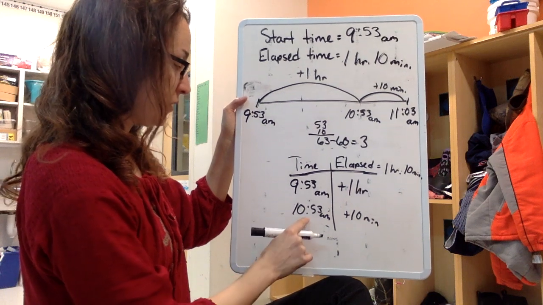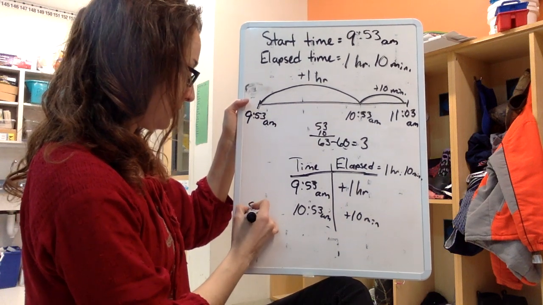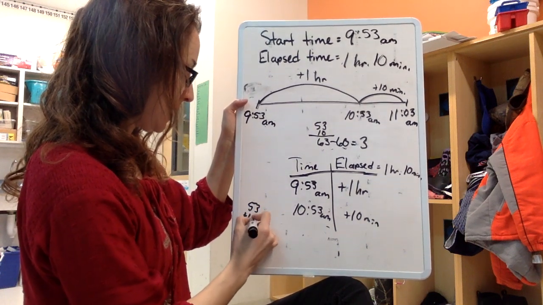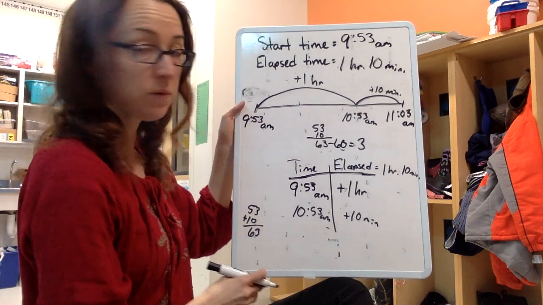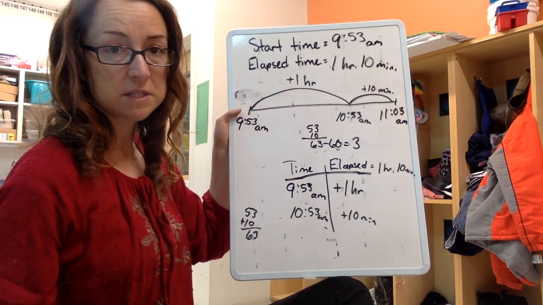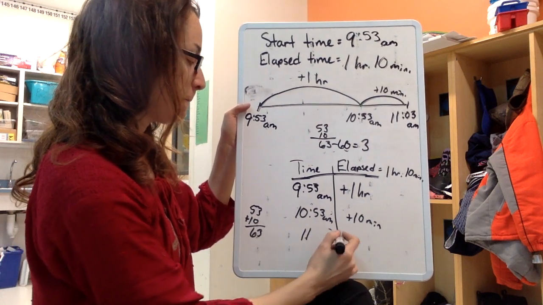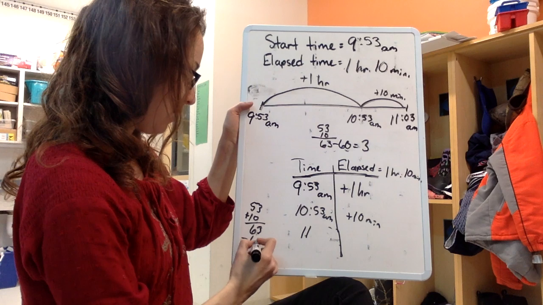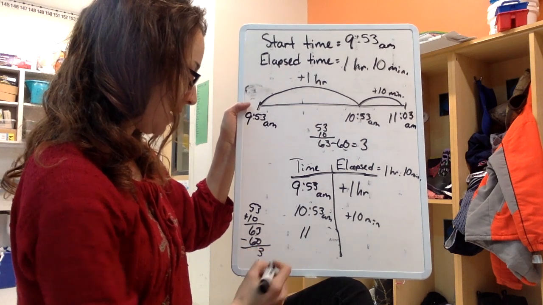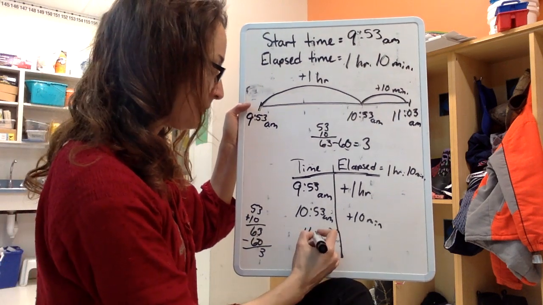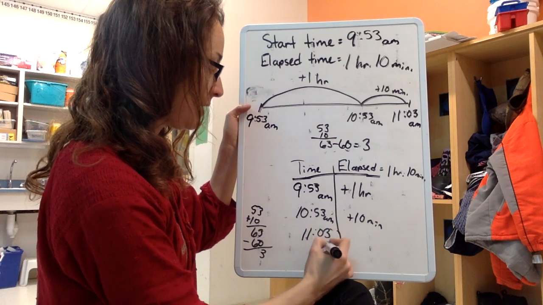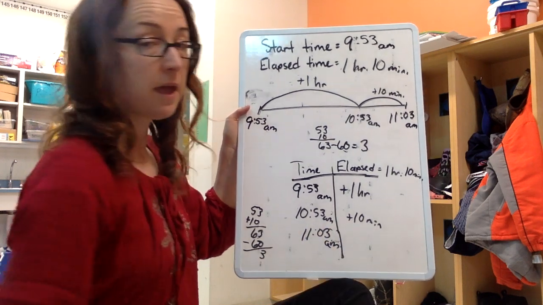And I know that this is going to give me 53 plus 10. That's going to be 63. Doesn't exist when it comes to time. So we are going to go to our next hour and discover how many minutes past the hour that is. And it's 3. So our end time is 11:03 a.m.